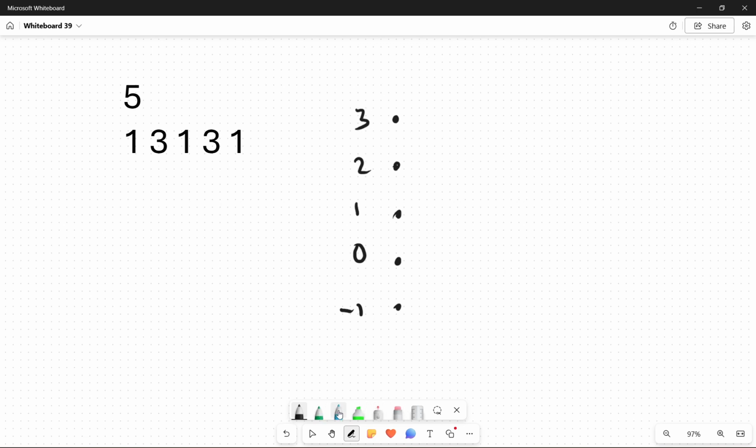So our first point, let it be here, this is second, third, fourth, fifth. So first point is here, second is here, third is here again, fourth is 3, and fifth is 1. So my graph is looking something like this.